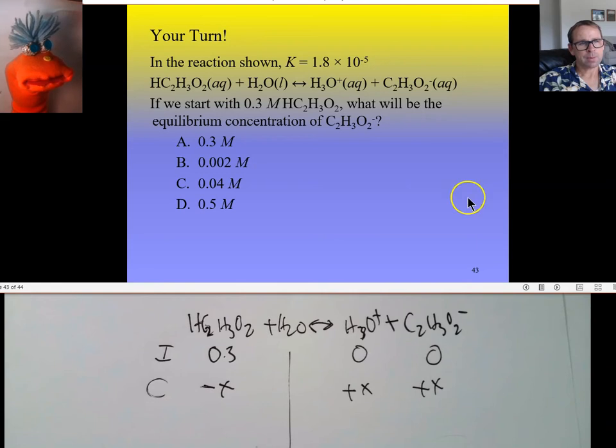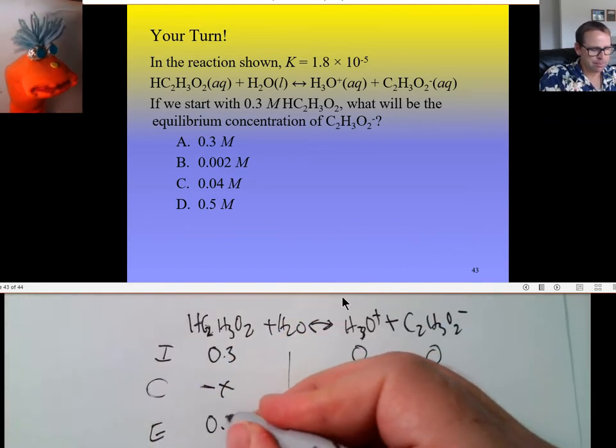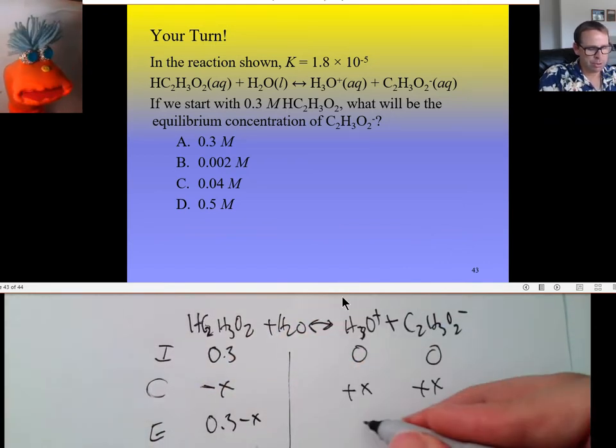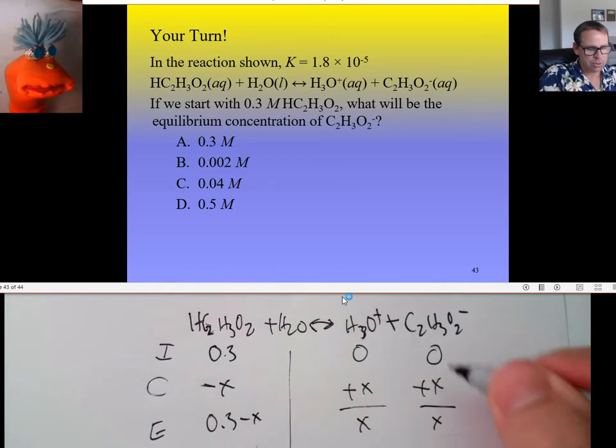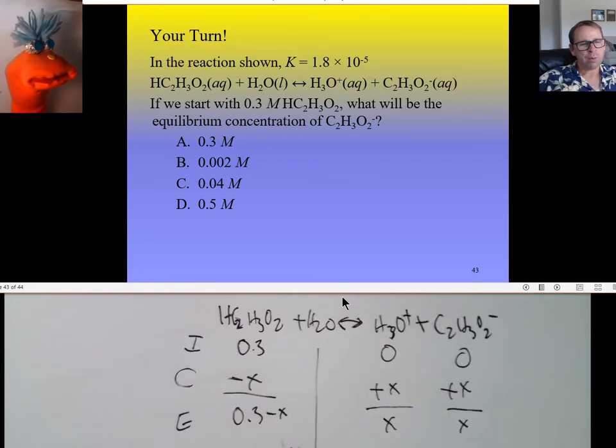Now, how did you know that? Well, I just knew because they didn't tell us there were any products, so there has to be a shift to the right. That's right. Now, what about the equilibrium concentration? Well, it's just 0.3 minus x, and then on the right, just x and x. So essentially we're adding the initial and the change together, right? Yeah.